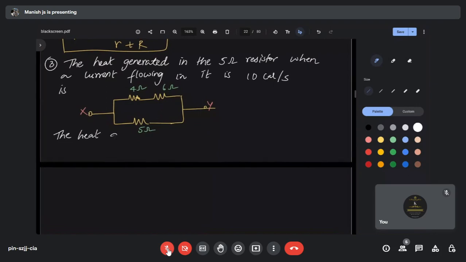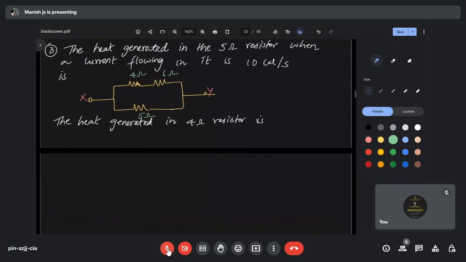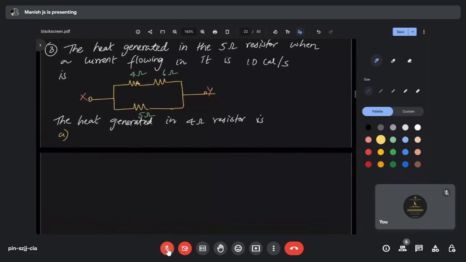The heat generated in the 4 ohm resistor is: Option A, 1 calorie per second. Option B, 2 calories per second. Option C, 3 calories per second. And option D, 4 calories per second.